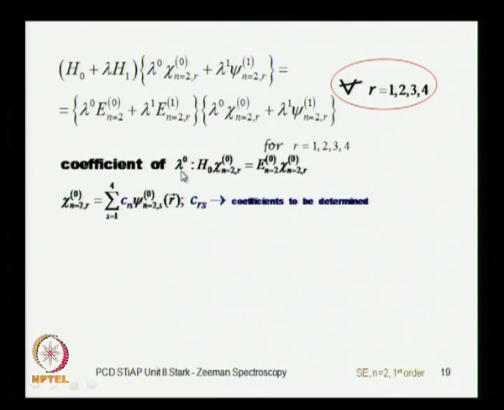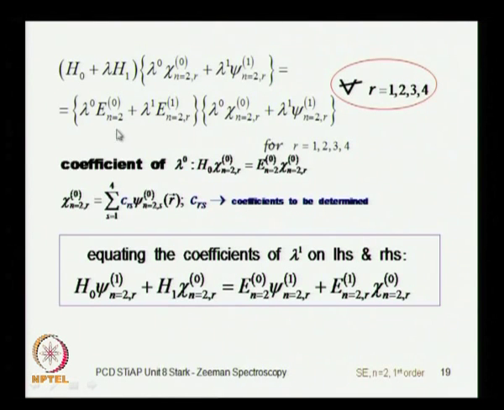If you do that, then from the lambda to the power 0 terms you get this unperturbed solution, but the eigenstate is actually a superposition of these degenerate states, and the superposition consists of these coefficients C_RS. Both R and S can take 4 values. You have a similar relation for each value of R, but the summation is over 4 states. So S will go from 1 through 4, and these are the coefficients to be determined.